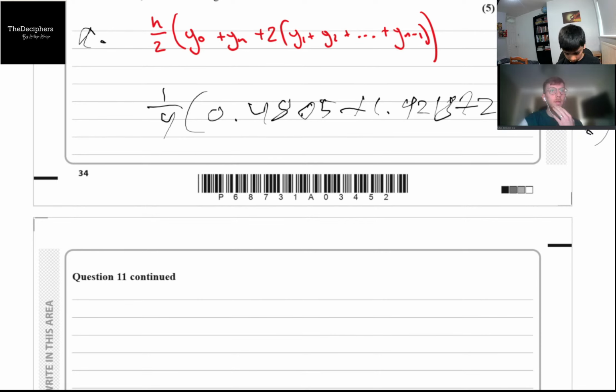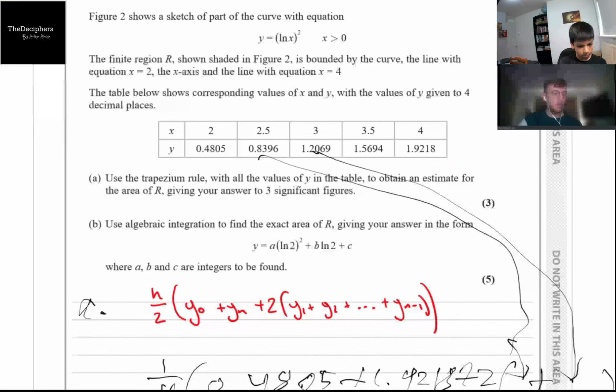I'm just working it out in my calculator. 0.9218... 2 times, it's 0.8396 plus 1.2069 plus 1.5694.